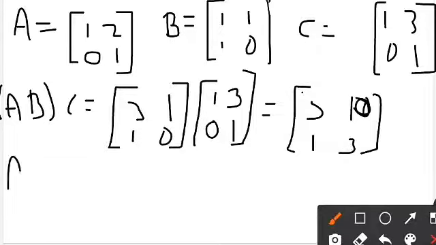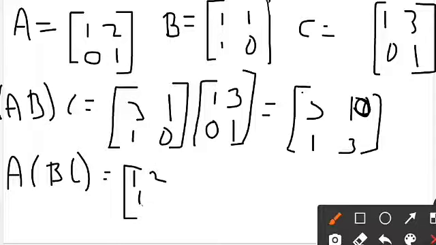And if we do A into BC, what will we get? We will get [1, 2; 0, 1] multiplied by the matrix BC. It will be 1, here it will be 3 plus 1, that is 4, here it will be 1 and here it will be 3.